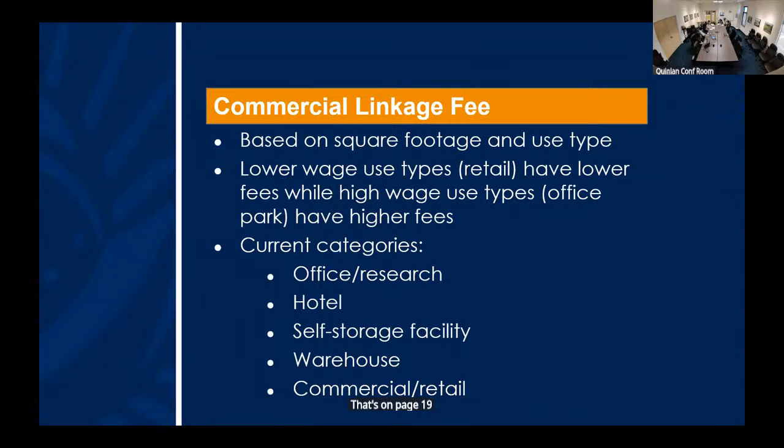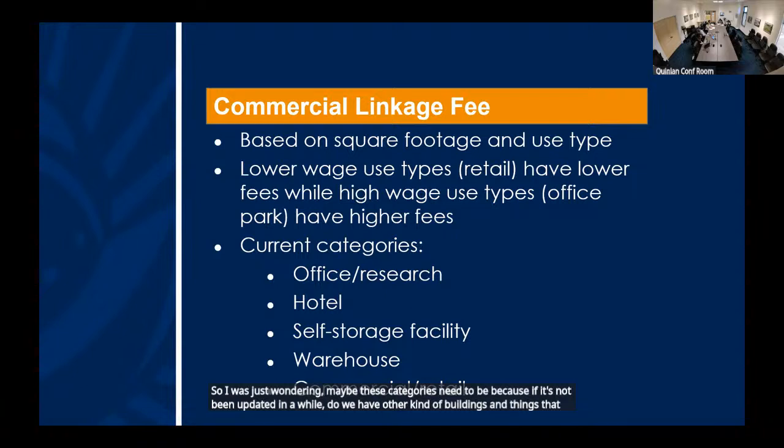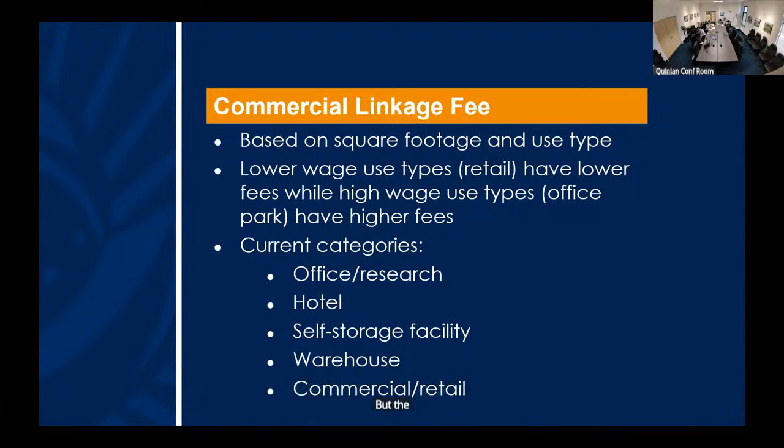In there, it talks about what it's applicable to, the housing mitigation program, the non-residential. So I was wondering if maybe these categories need to be updated, because if it's not been updated in a while, do we have other kinds of buildings that we need to look at?